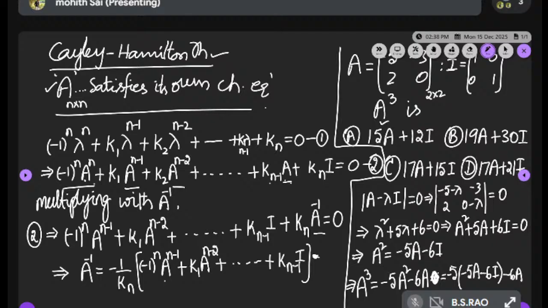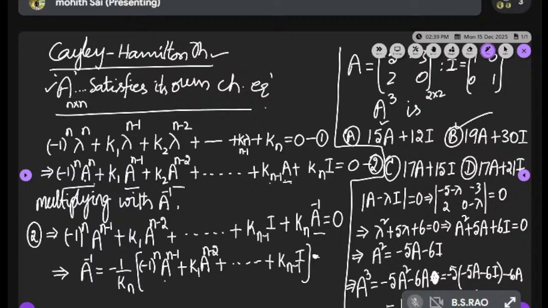So this is equal to 25A minus 6A, 19A, plus 30I. So your answer is 19A plus 30I.